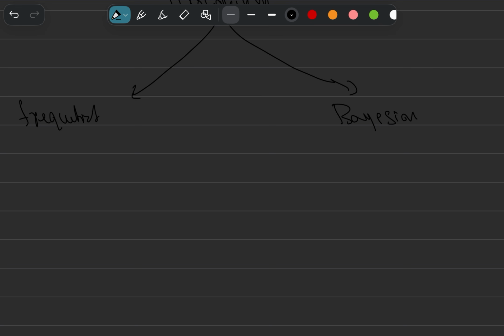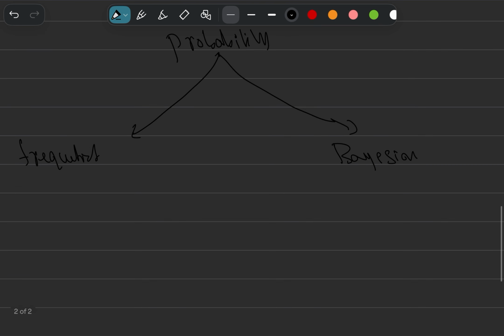Now, what is an event here? The state of the coin is an event. The coin can be heads or it can be tails, right? So whether the coin lands as a tail or as a head, it's an event.